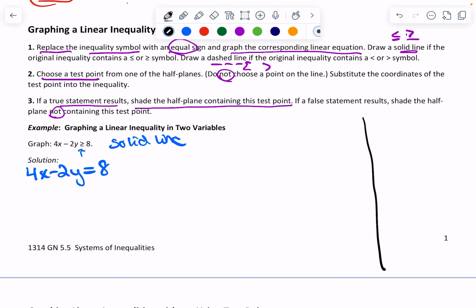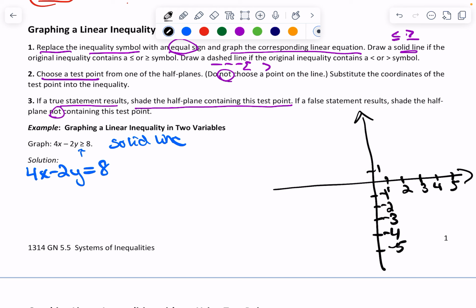Now, there are a couple of ways for us to graph it. Let me do the coordinate plane first.